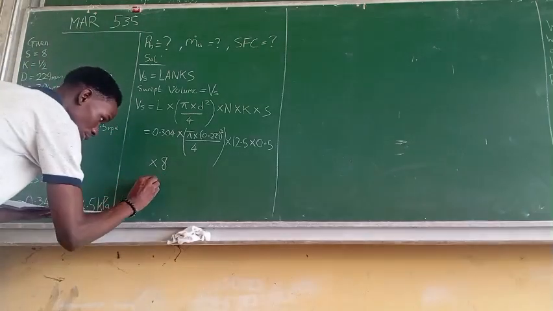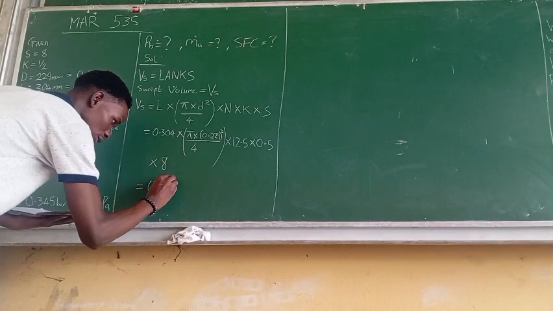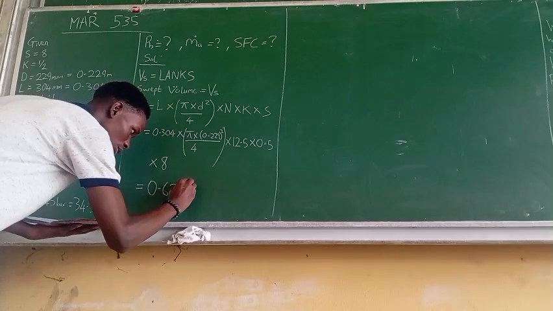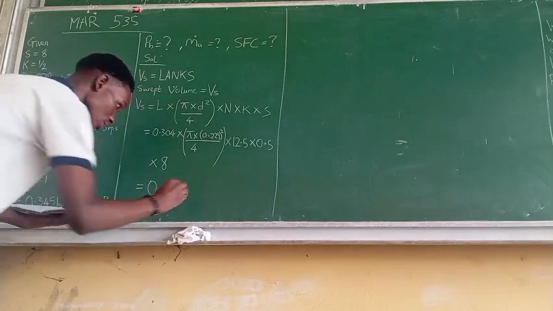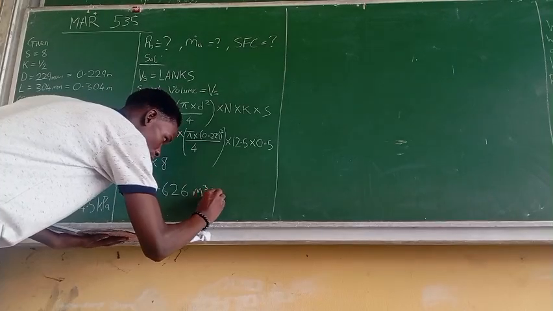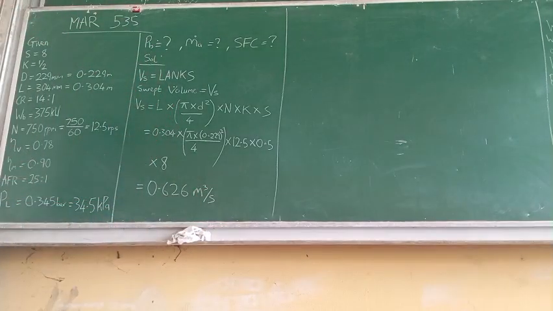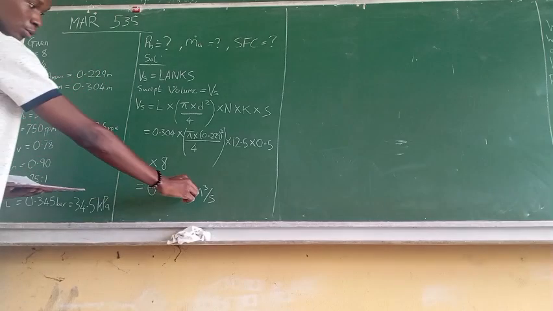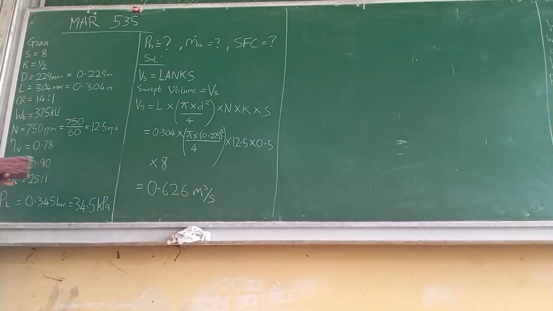We put this in, and the answer will give you 0.626 meter cube per second. Your unit is meter cube per second because you converted your length to meters. This is your answer for your swept volume.